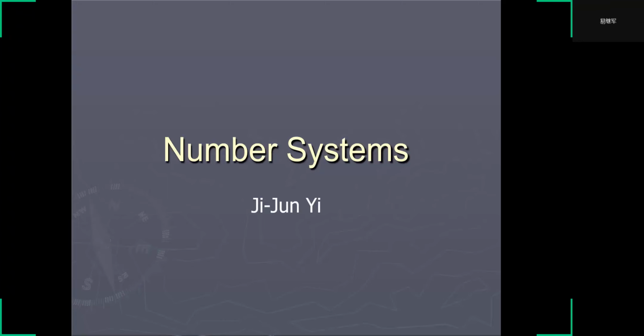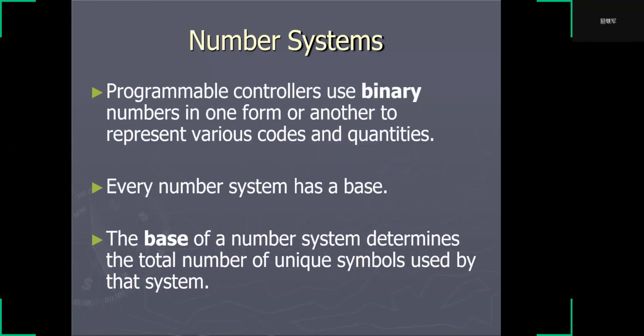Number systems. As we know, in life we use the decimal, but in the computer we use the binary. Programmable controllers use binary numbers in one form or another to represent various codes and quantities.